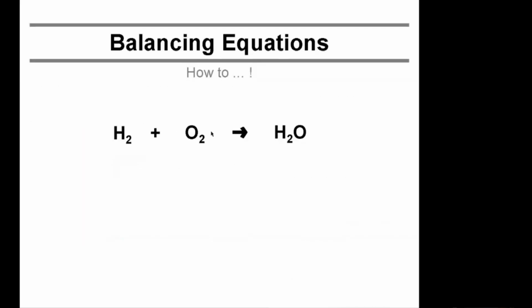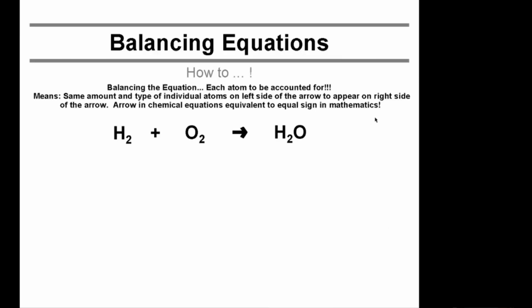All right, let's use this equation and start to balance it. Really, balancing the equation means each atom needs to be accounted for, which means the atoms on the left side of the arrow must be the same number as the atoms on the right side of the arrow. We cannot lose one or gain one within the arrow somehow magically.